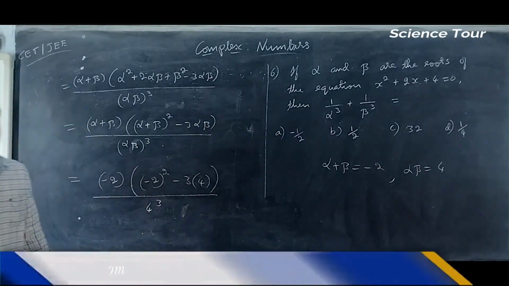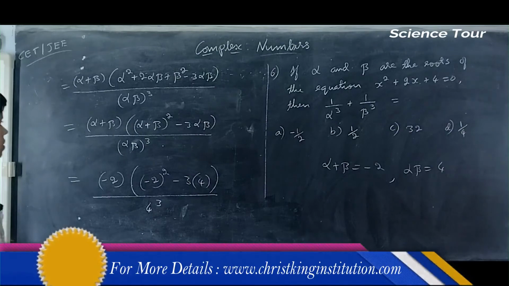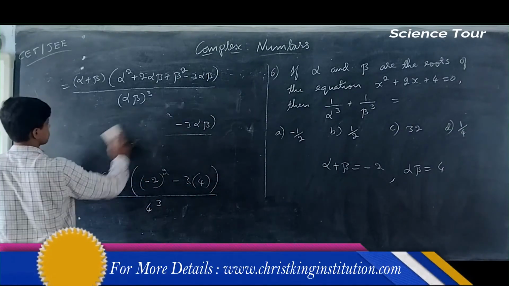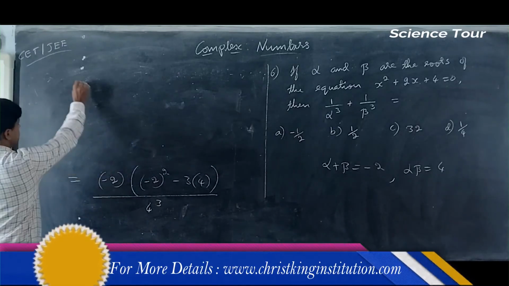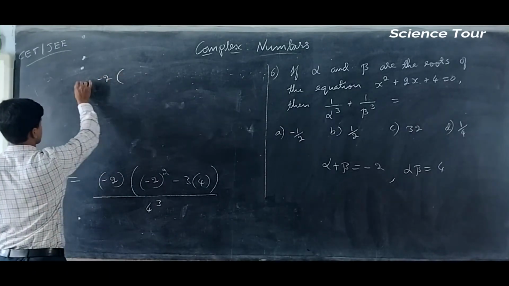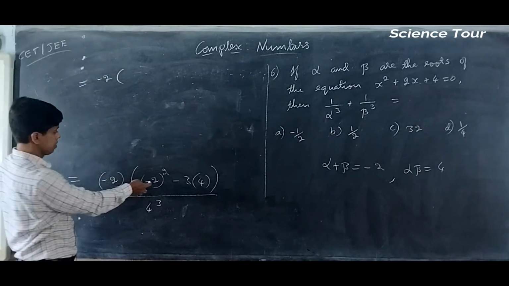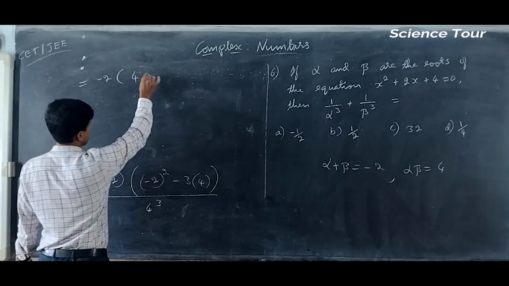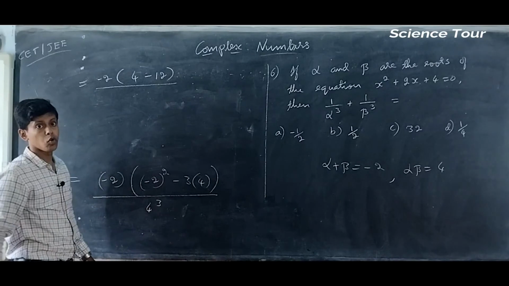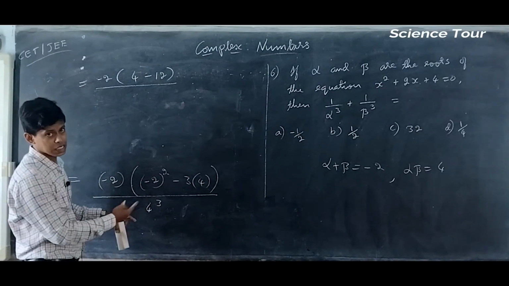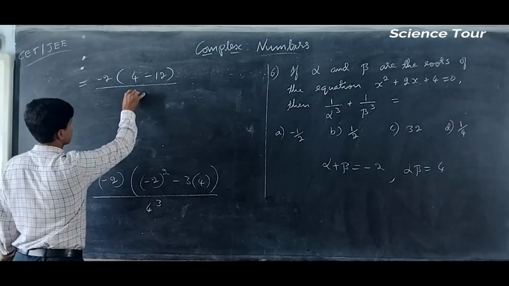Well, simplify. What is it? Minus 2 on the outset, and this is 4, and minus 12 divided by 4 cube. How much is that? 16 into 4, 64.